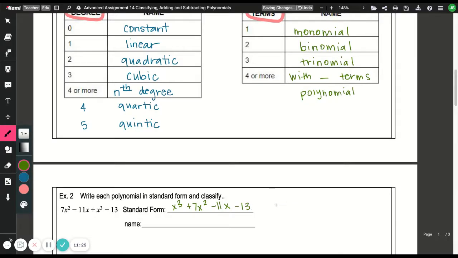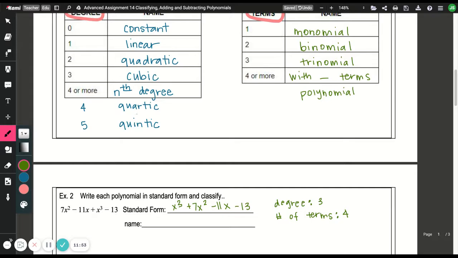Okay. So let's jot down over on the side. The degree of this. The degree is the largest exponent. That is a 3. Number of terms. How many terms does this have? It has 1, 2, 3, 4 terms. So now we go up to the chart.